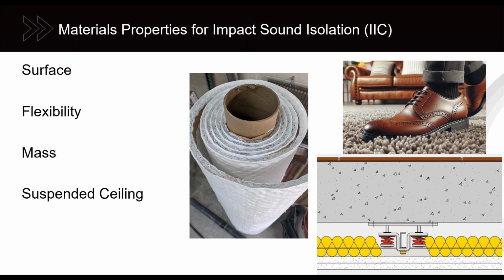However, we know that the modern homeowner, modern consumer would rather saw off their own arm than have a carpeted living room, right? I get it. So the hard surface flooring options like tile and wood and laminate are just inherently worse for IIC performance.